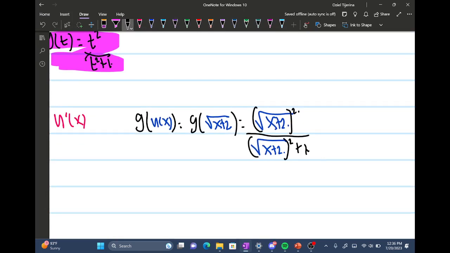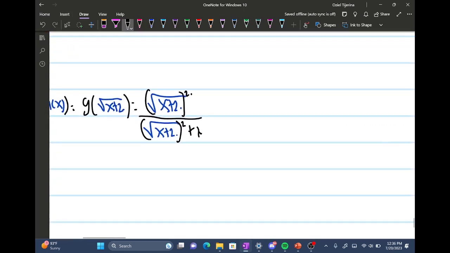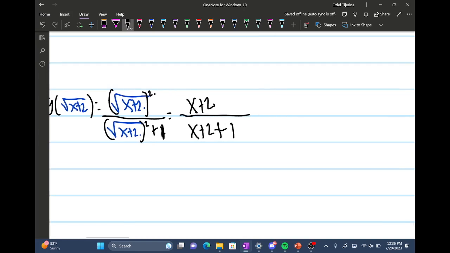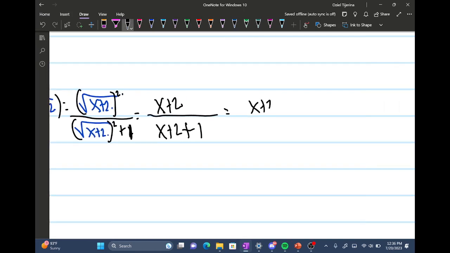I'm just plugging in for t the square root of x plus 2 and evaluating. The square root of x plus 2 quantity squared is just x plus 2, and it's the same thing on the bottom, but we're adding 1 to that, so x plus 2 plus 1. So I get x plus 2 over x plus 3, right? Okay.